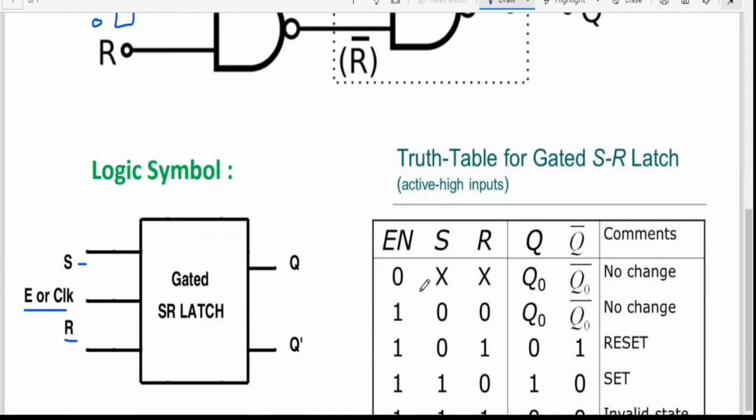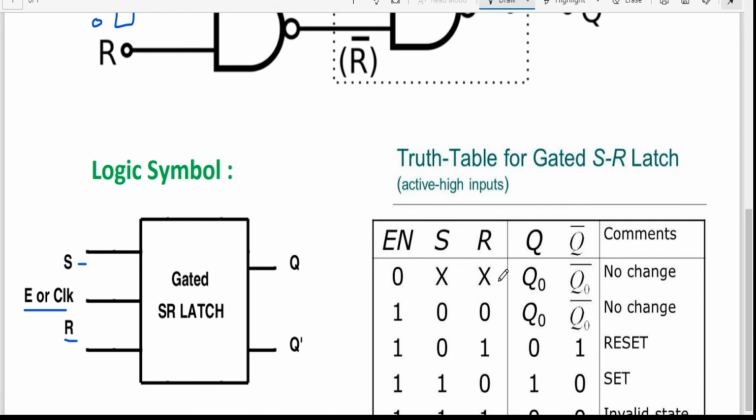If you look into the truth table of the SR latch that we have discussed, the output will be no change, that is, we retain the previous state. So here the input values of S and R will not make any difference to the output.